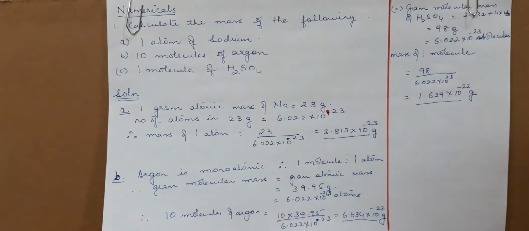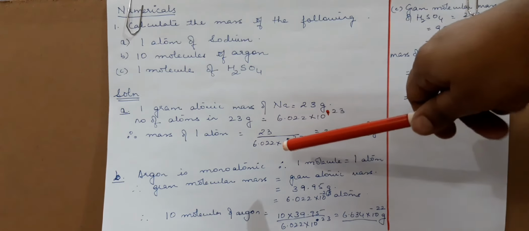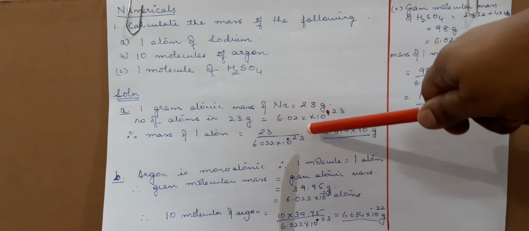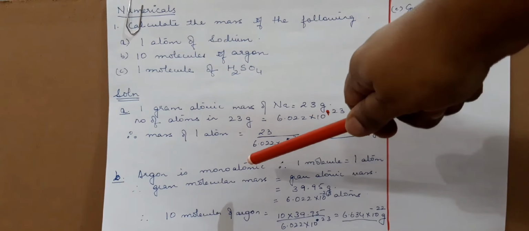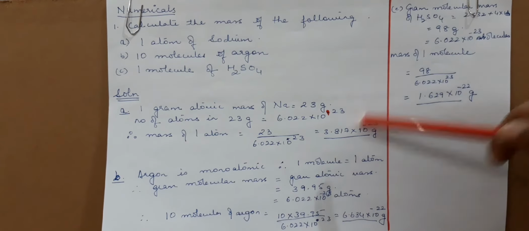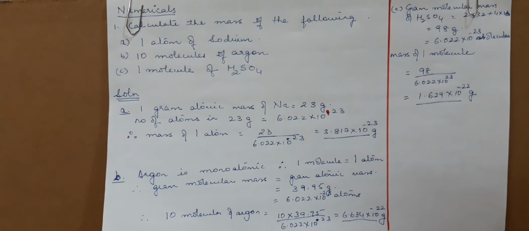So this is just the simple unitary method. 23 grams contain this many atoms, so the mass of one atom would be 23 divided by that number, which is 3.817 into 10 to the power minus 23. So we have the mass of one atom of sodium as 3.817 into 10 to the power minus 23.